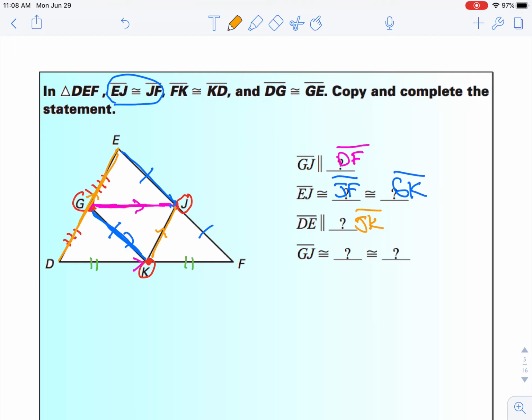And so we know it's parallel to DF. And so GJ is going to be the same length as both of these pieces right here, because it's half as long. So that makes it congruent to DK, and congruent to KF.